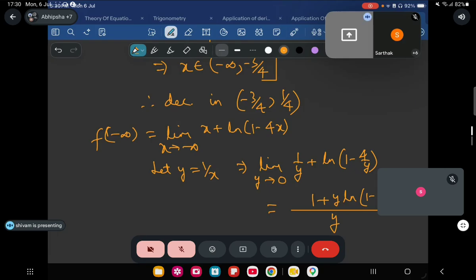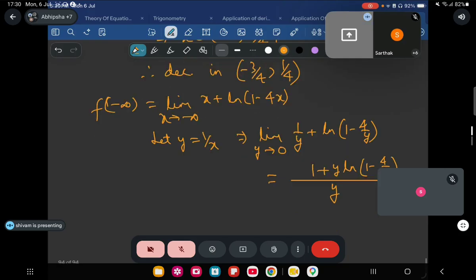Okay. Now, Sarthak, see, this is a 0 into infinity form, right? So let us simplify this separately, okay? Y into ln 1 minus 4 by y, limit y tends to 0.